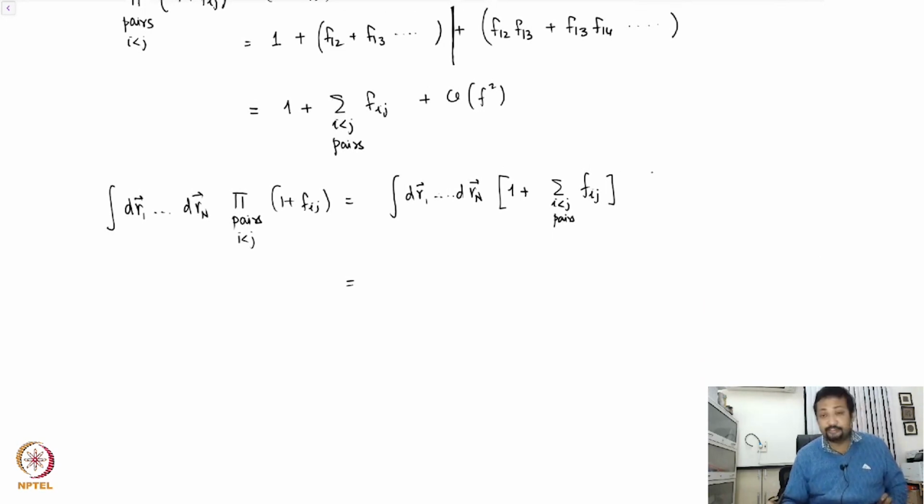The first one is very trivial to do. The first one is nothing but V to the power n. The second one is integral dr1 all the way up to drn of the sum over i less than j of fij.